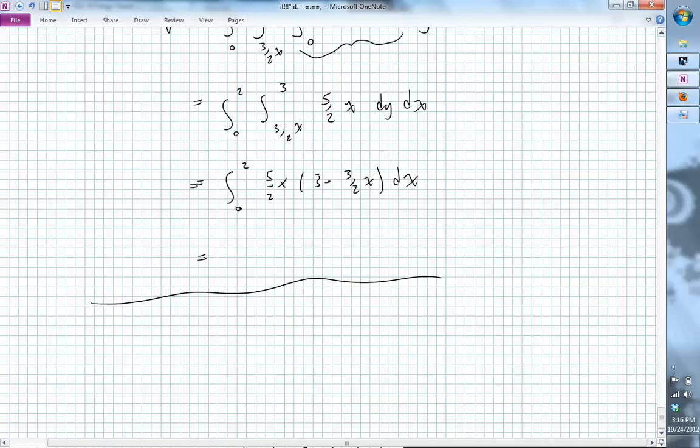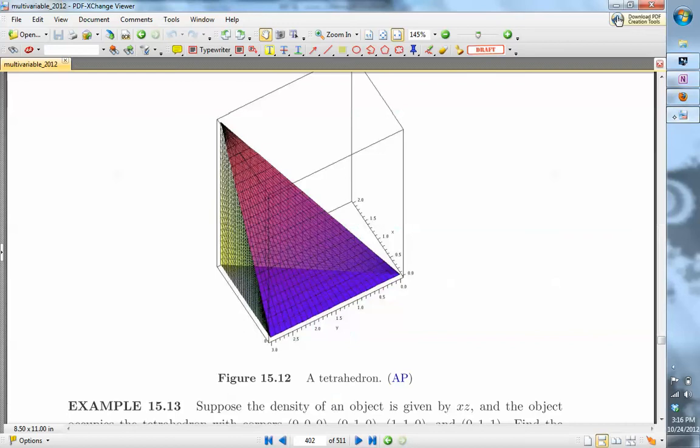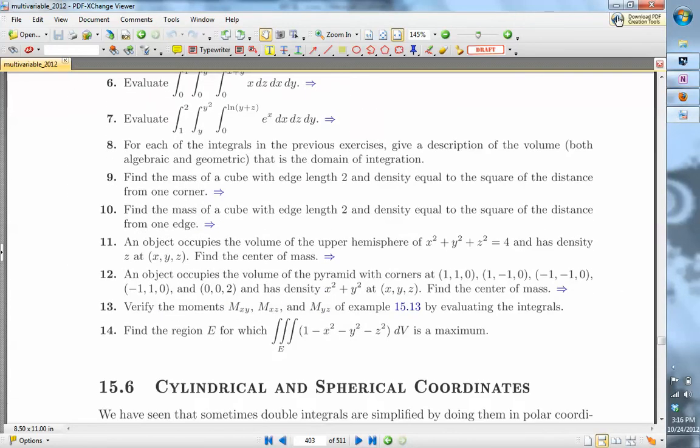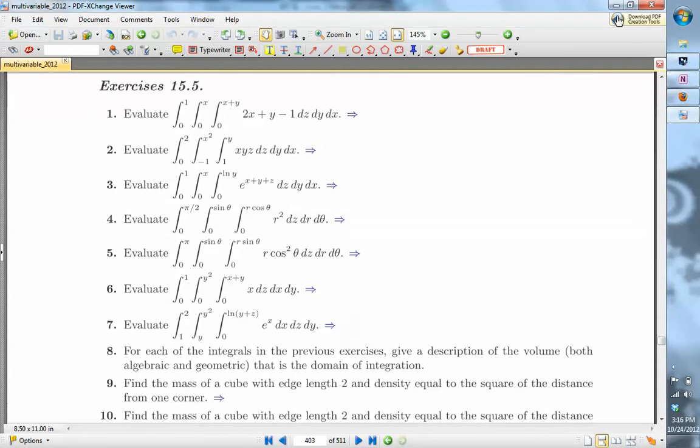And I guess let's look at some of the exercises. What I wanted to do now was, there are these fairly straightforward computational exercises at the end of the section, 1 through 7.